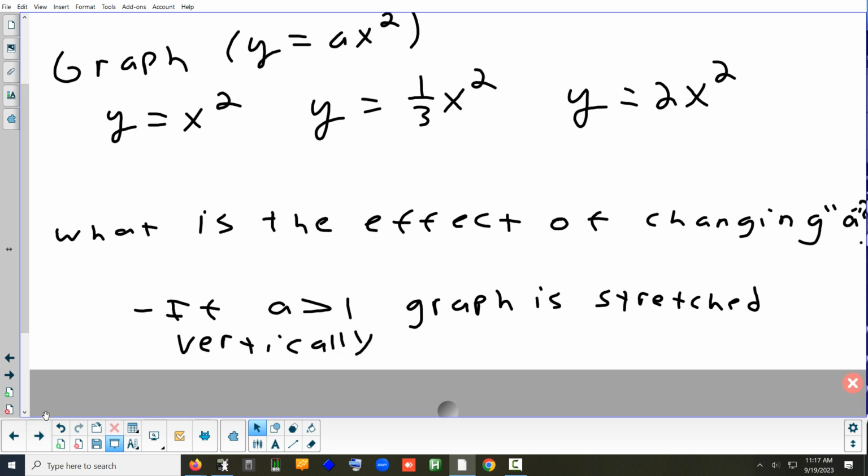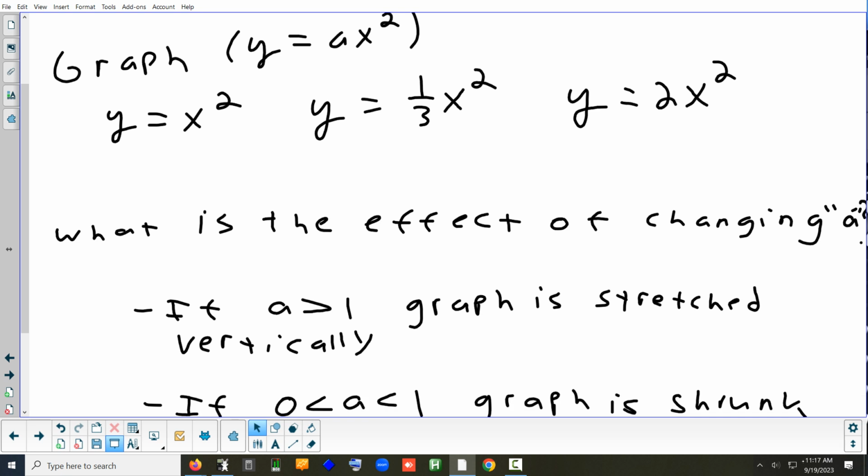Specifically, if you do a number bigger than 1, you get a vertical stretch. The bigger the value you use for A, the more it stretches. So if you put like a 5 in here, it would stretch even more.